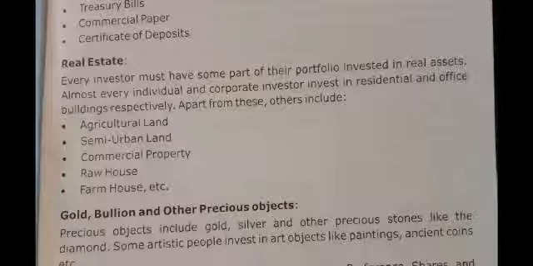Almost every individual and corporate investor invests in residential and office buildings respectively. Apart from these, there are other options. This is one of the options for the individual as well as the corporate investor. If you have huge savings, you can invest the money in buildings.